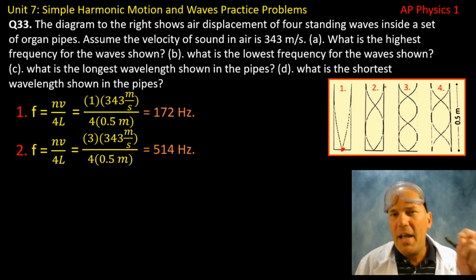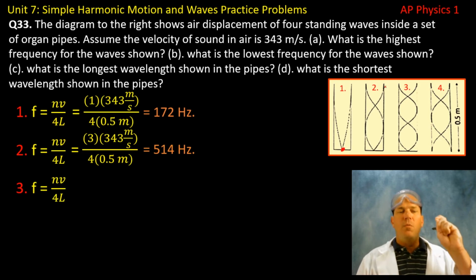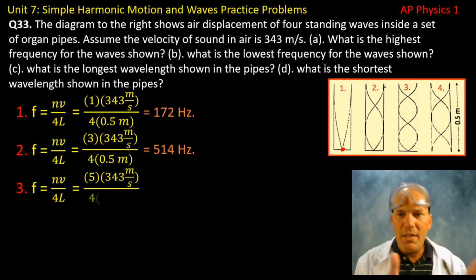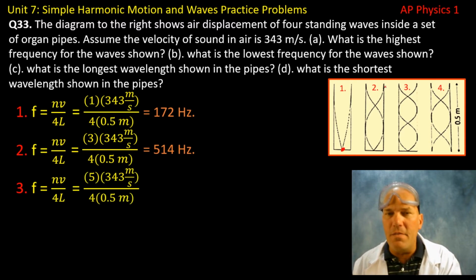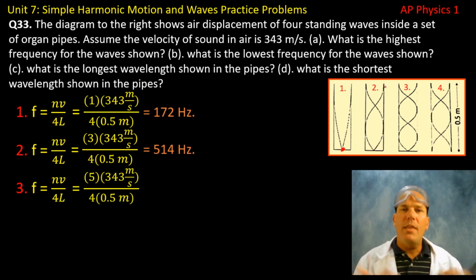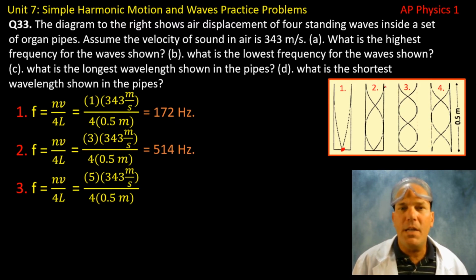Our last column or pipe that is open at one end and closed at the other end, we're going to put in our values here, but your harmonic number is 5. The animation I showed at the beginning of this problem was for a pipe open at one end, closed at the other.